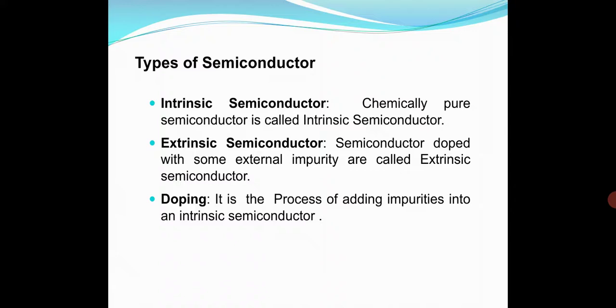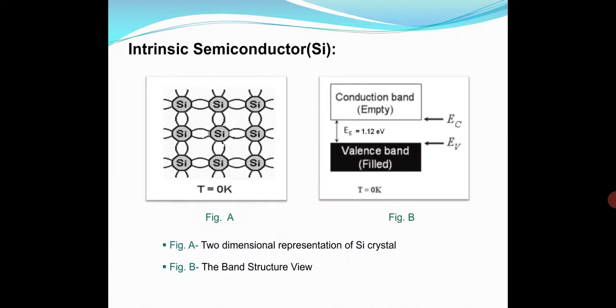An intrinsic semiconductor is a chemically pure, 100% pure semiconductor. An extrinsic semiconductor is doped with some external impurity. Doping is the process of adding impurities into an intrinsic semiconductor.